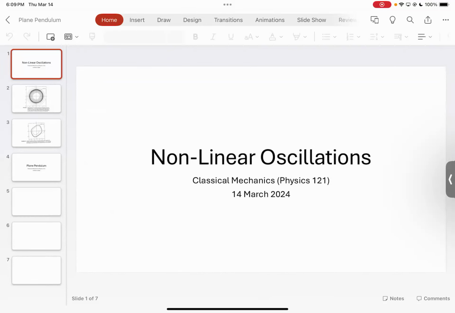And then we also looked at the corresponding potential and force diagram, and then we looked at the phase plot of that nonlinear potential.